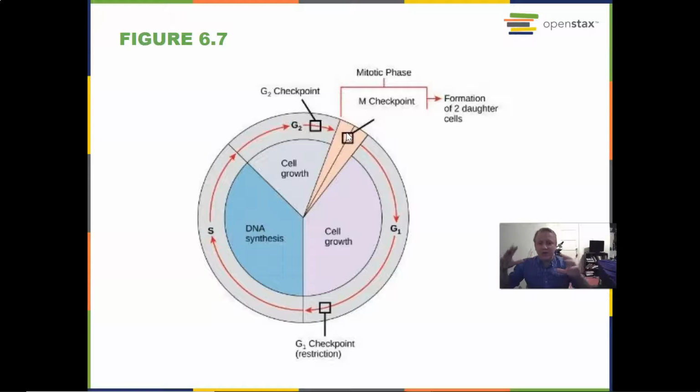Because what's ultimately going to happen is those sister chromatids are going to be pulled apart into either side of the cell. And if we didn't have those connected and they weren't pulled apart, you would wind up with a cell with the wrong number of chromosomes. Okay, and obviously we don't want that.